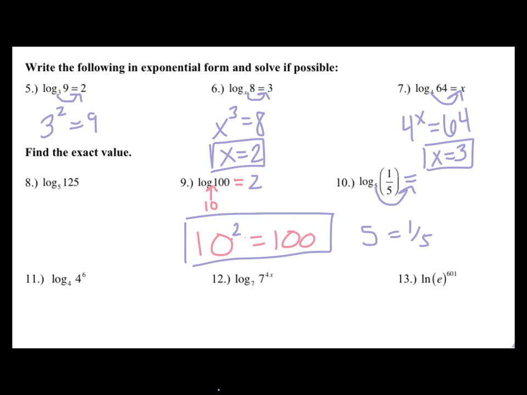So when something gets moved to the bottom of a fraction, remember our exponent rules say, oh, that must have had a negative exponent. So, not thinking fraction right now, 5 to what power would equal 5? The first, but because it's now 1 over 5, that means the power had to have been negative. So, 5 to the negative first power would equal 1/5.